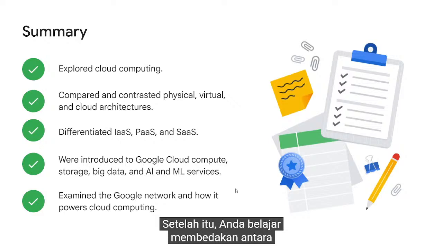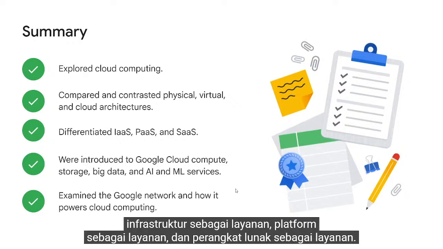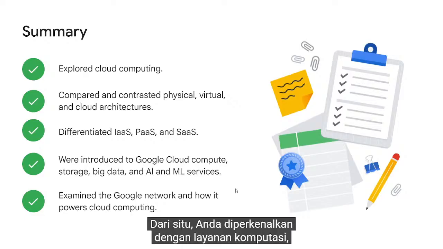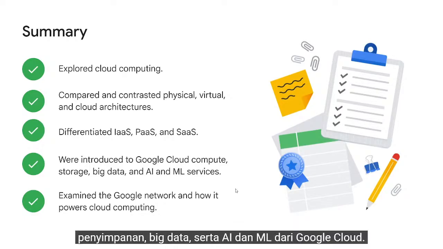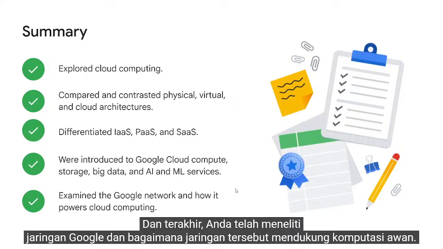After that, you learned to differentiate between infrastructure as a service, platform as a service, and software as a service. From there, you were introduced to Google Cloud Compute, storage, big data, and AI and ML services. And finally, you examined the Google network and how it powers cloud computing.